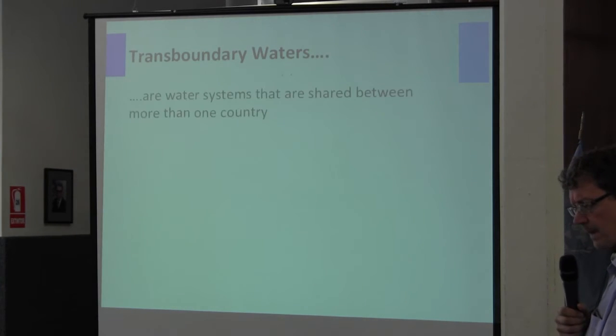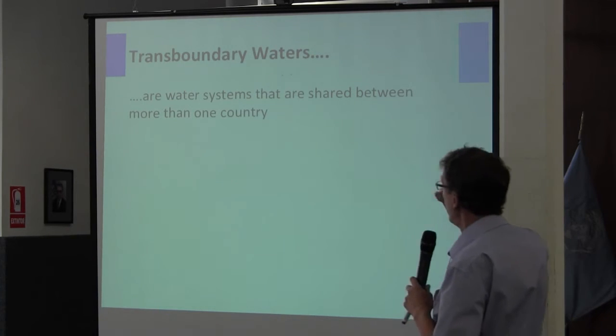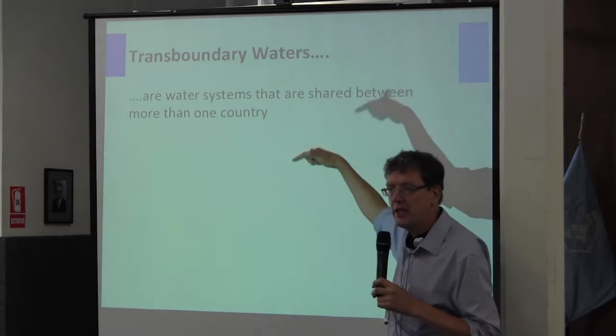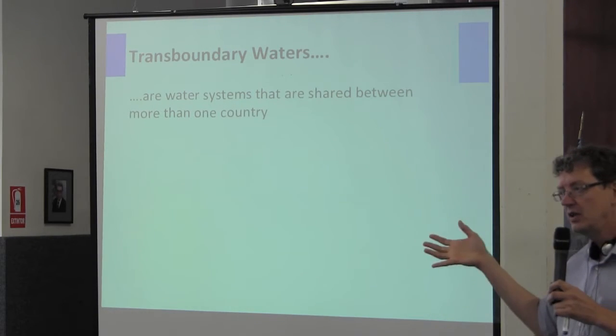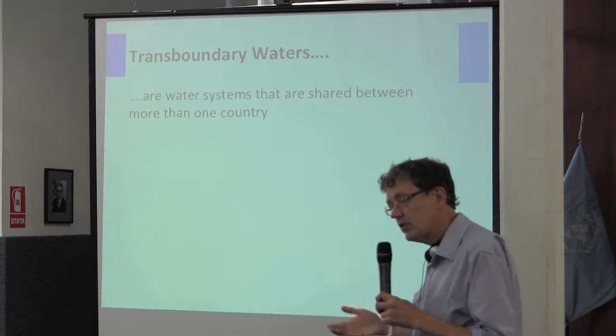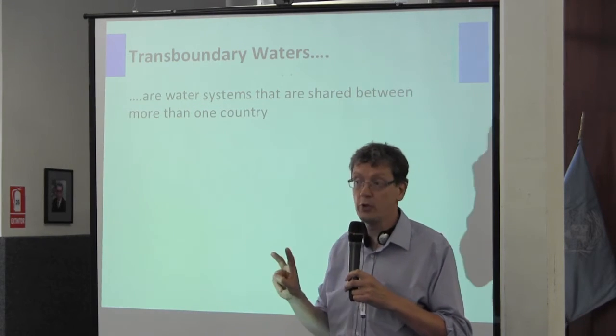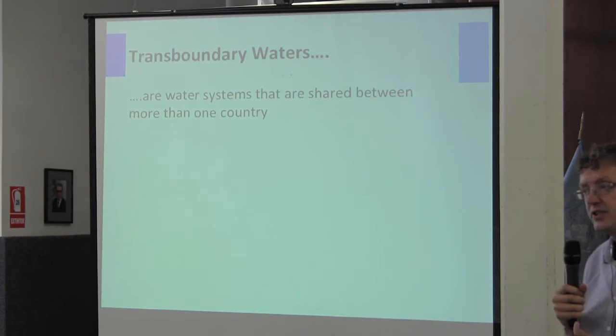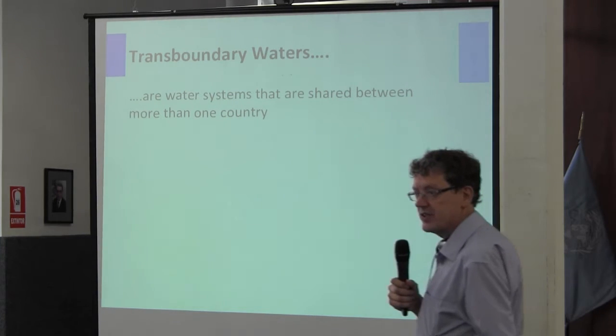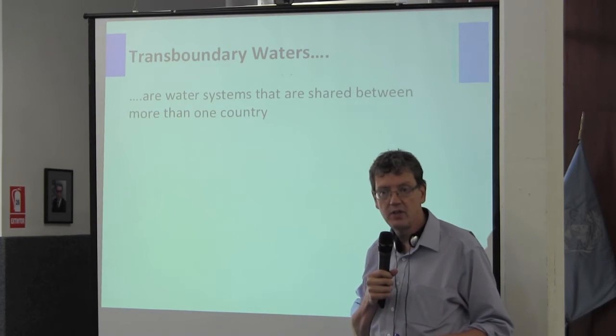So transboundary waters then are water systems that are shared between two or more countries. In this instance, in the Humboldt Current, there are 2 countries in this project. But other LMEs, the Guinea Current large marine ecosystem, I think there were 19 countries.